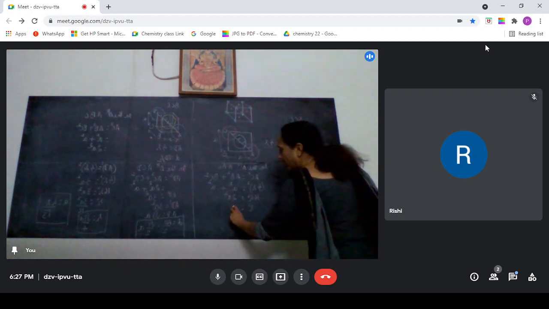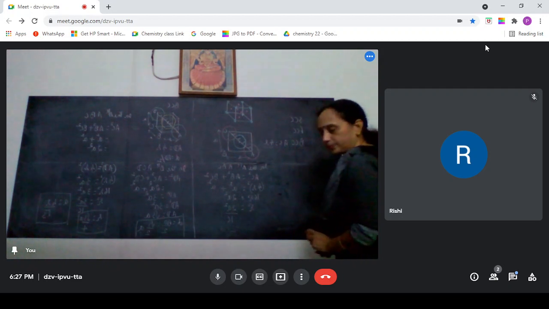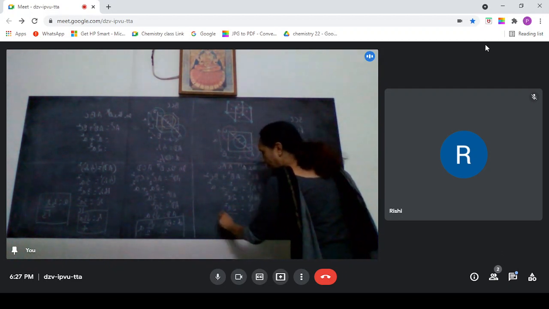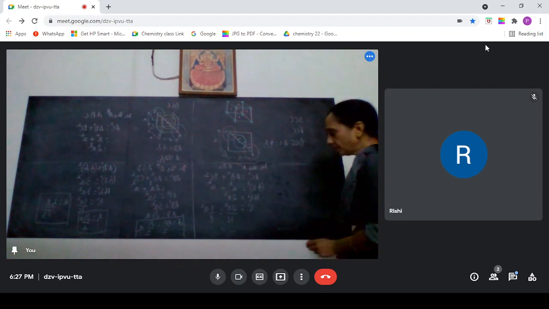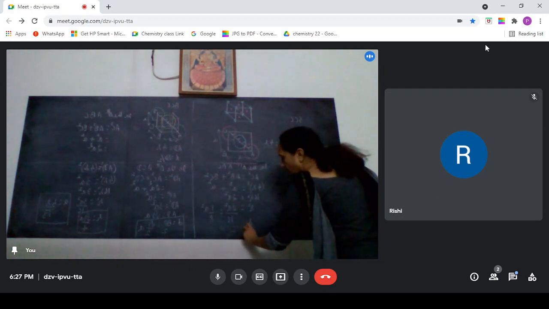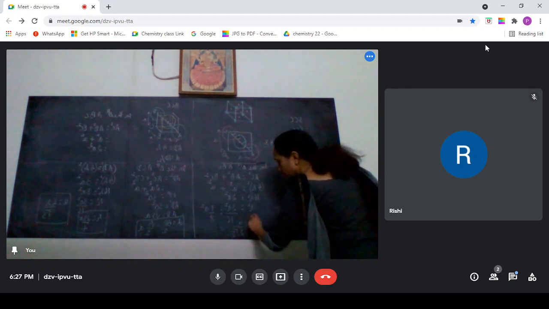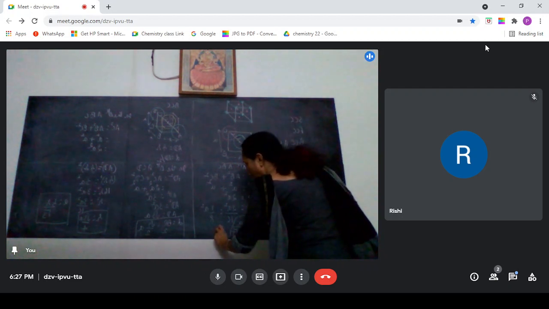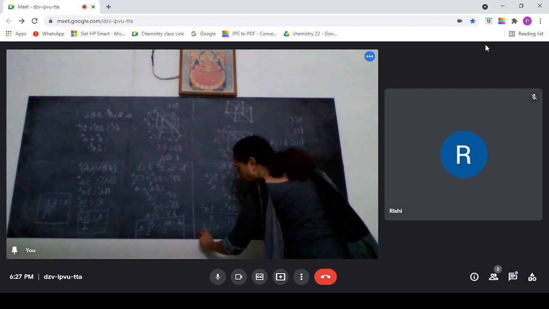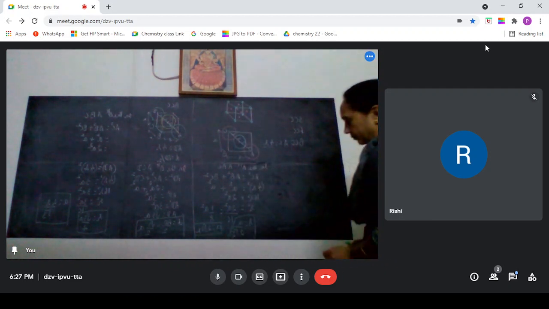So R square is equal to 2A square by 16, or 1 by 8 A square. Or R is equal to A by 2 root 2. So A is equal to 2 root 2 R, cross multiply.